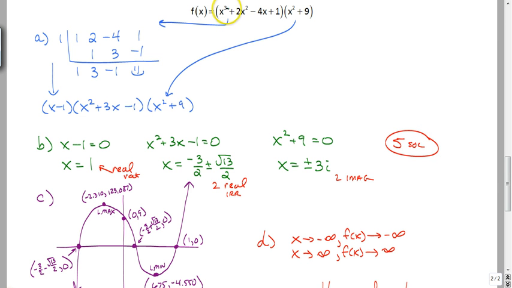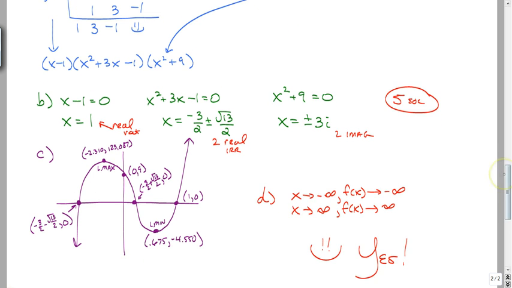Okay, that's an easy way to check, because we have x cubed and x squared. We have no double roots, so we have 5. Then to graph it, you already had a lot of the information. The only thing you had to do was find your y-intercept and your max and min. Remember, you already solved for all the roots. So here is our negative 3/2 minus root 13 over 2.